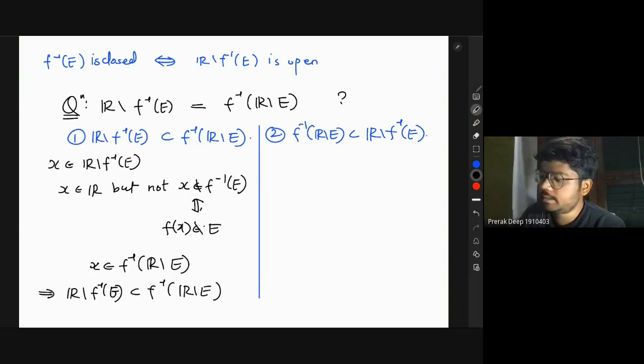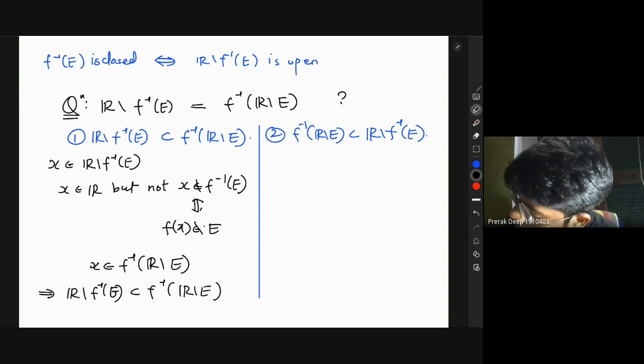Now let us discuss the second part. We need to prove F inverse of R minus E is contained inside R minus F inverse of E. Again we follow a similar approach.